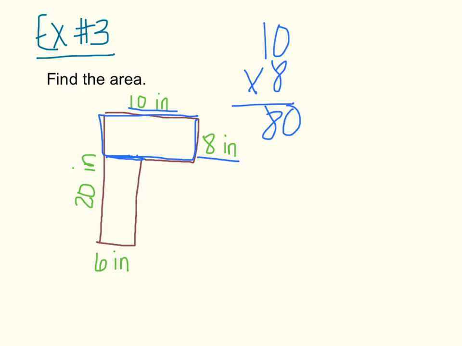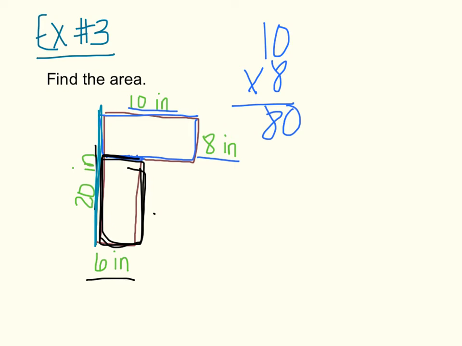Now let's do the second rectangle right here. This one's a little trickier. This one is 6, but on this side we have 20, and that's not just for this little piece. 20 goes all the way up. 20 is this whole length right here. So we're going to have to break it up.